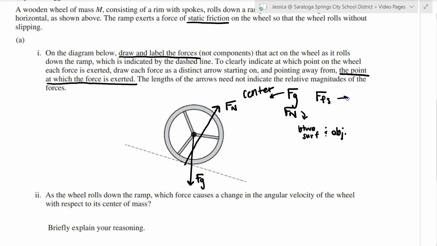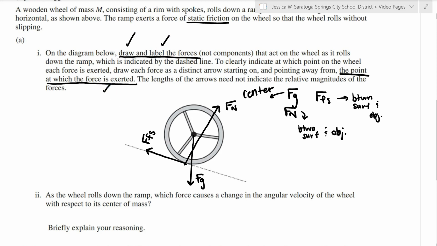And then last but not least, the force of friction, also between the surface and object. This wheel is rolling this way, and I know that friction creates the torque that allows that to roll. So that tells me that friction needs to point up the incline like so. Okay, so I have drawn all my forces, labeled them, and pointed them out where the force is exerted.